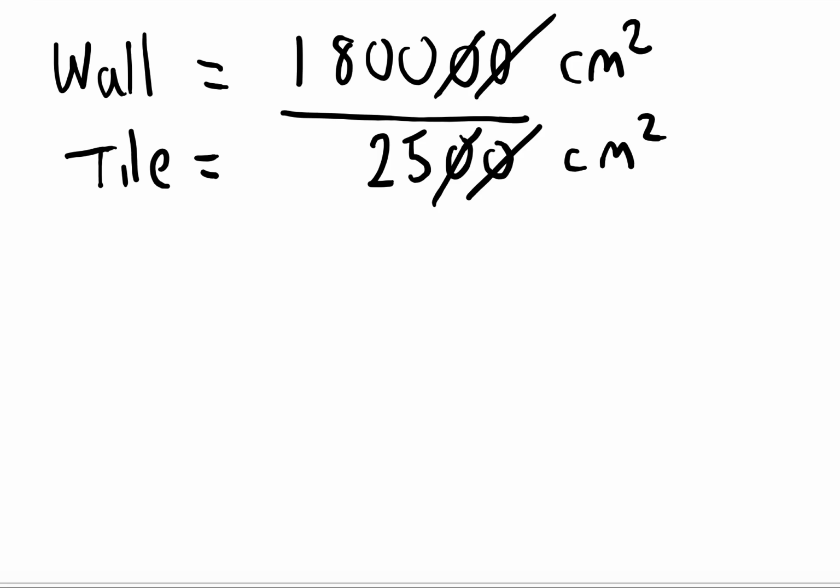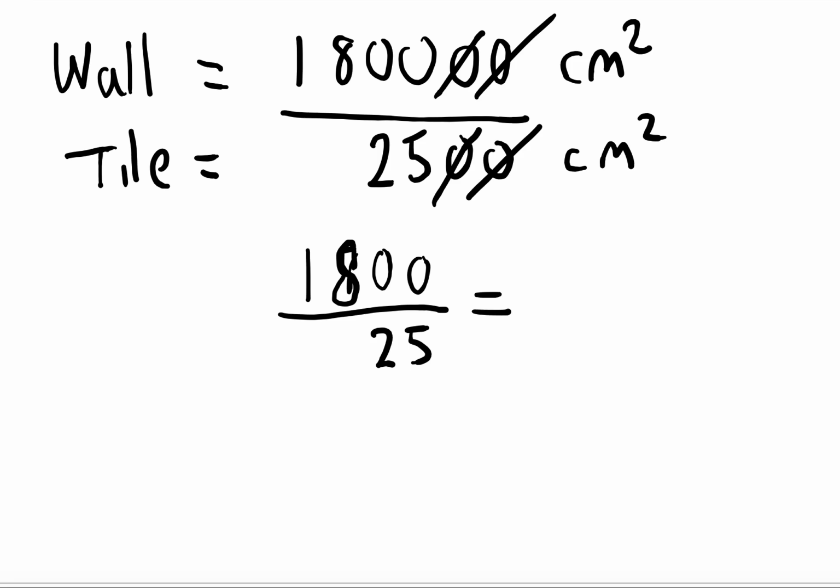We have 1,800 over 25, which equals how many 25s? If you can do it on a calculator, it equals 72. That value of 72 means we need 72 tiles to tile the wall.